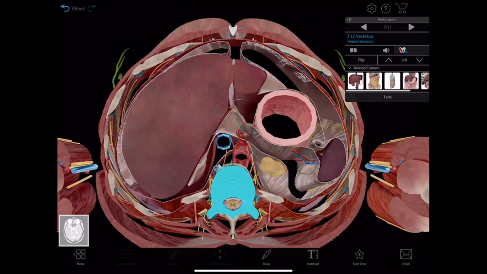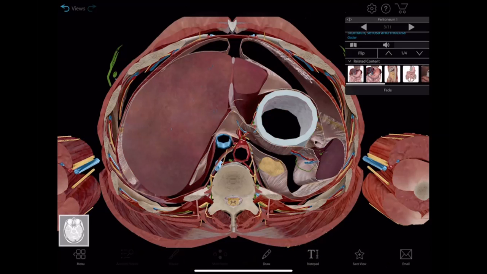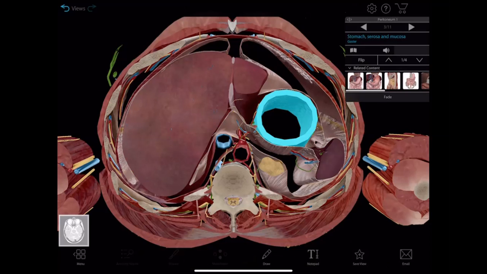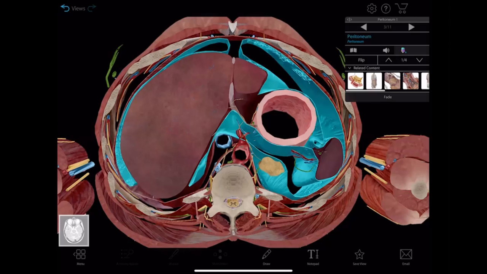This one is liver and this one is stomach, section of stomach, and this one is peritoneum. You see the peritoneum is covering, the blue one. The blue one is peritoneum. All the organs, the contents of the abdomen, are covered by peritoneum.